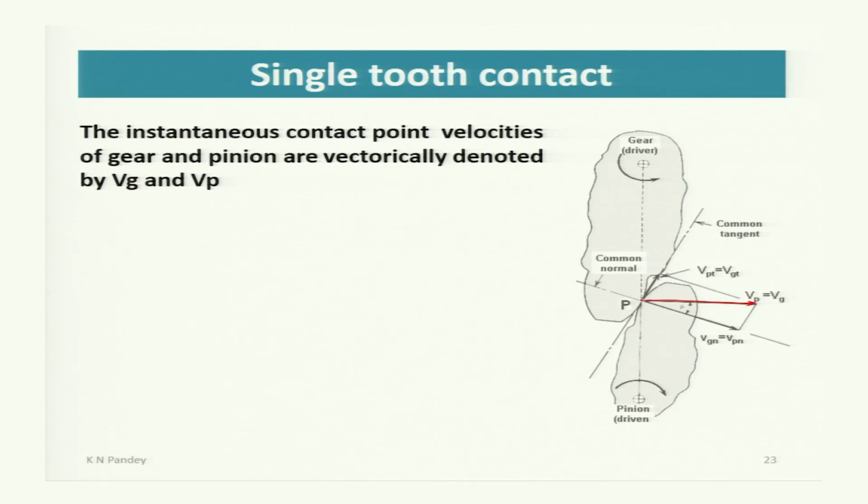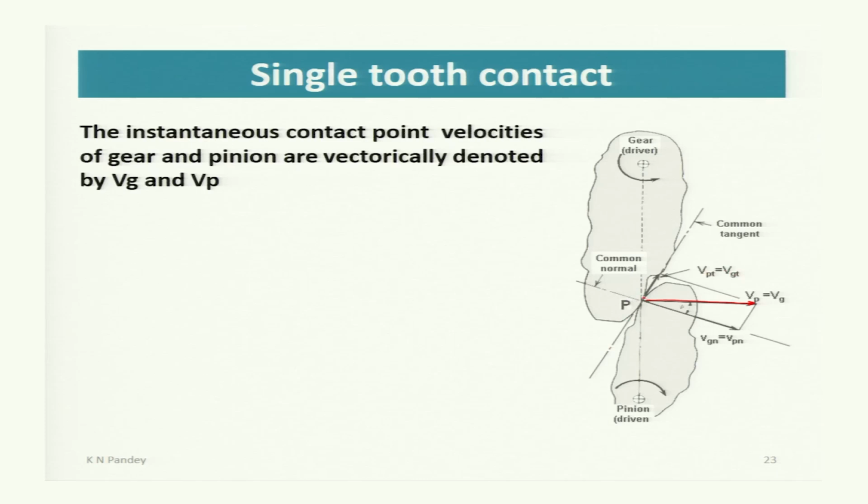When the contact is at pitch point, then these two will be the same and their component along the common normal at the point of contact will be Vgn, and that will be equal to Vpn. Vg subscript represents the gear and P subscript represents the pinion, and N is the normal direction. The component along the tangential direction, tangent to the point of contact, is Vpt equal to Vgt.